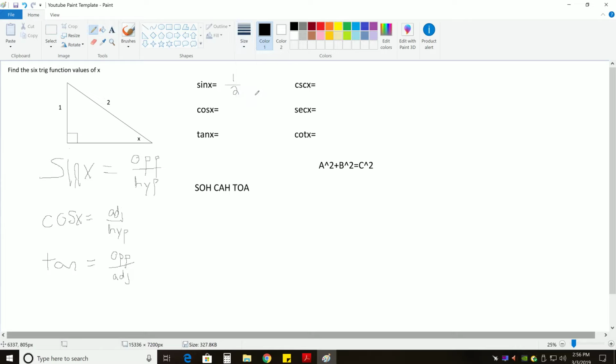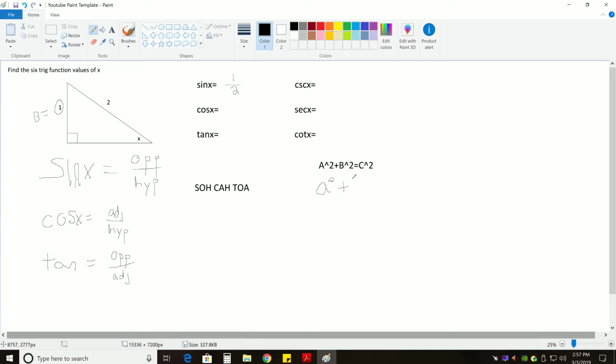So if we come back to this cosine of x, we need the adjacent side to find out what cosine is. The adjacent is a, and then we're going to square it. So we have a squared plus b squared, where b is equal to this 1.